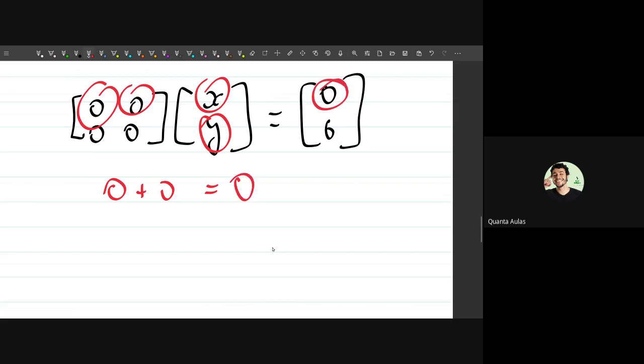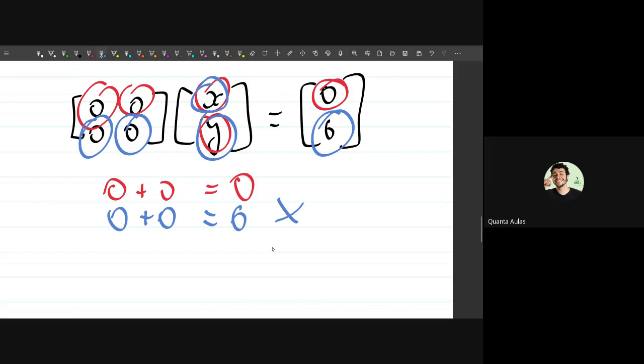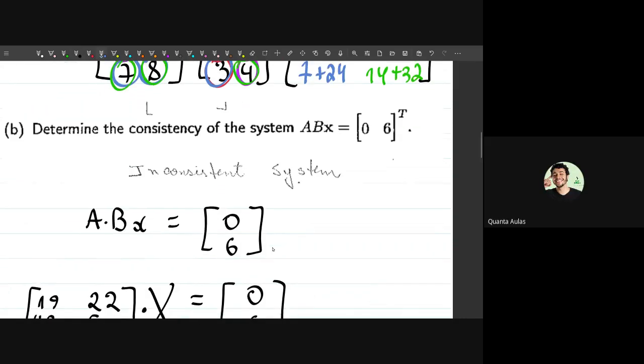Perfect. Here it is okay, because 0 equals 0. This is a normal thing. But here it is not normal, because we have 0 plus 0 times y. What is the answer? 6. 0 is not equal to 6. So this is an error, okay?